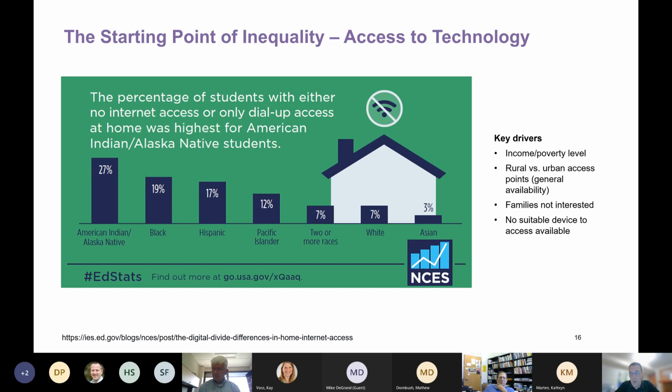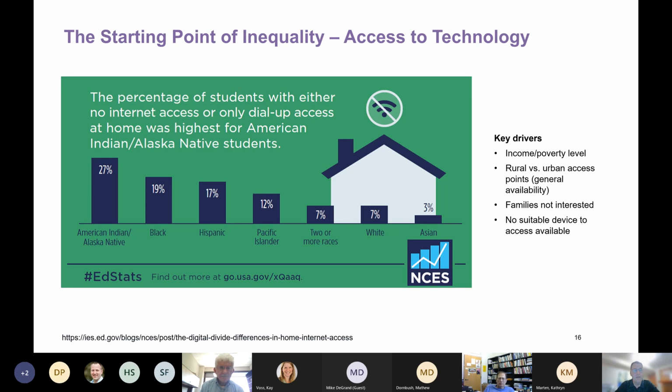So the starting point of inequality when it comes to technology, to me, is access. Because if you cannot even participate in the digital economy, then right there, we have a problem. And so this is a statistic on internet access, households that have no internet access or only dial-up.